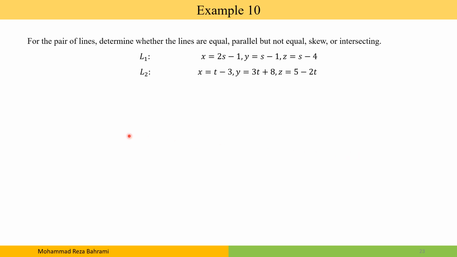Let's look at the example here. For the pair of lines, determine whether the lines are equal, parallel but not equal, skew, or intersecting. So we have two lines and equations related to them.